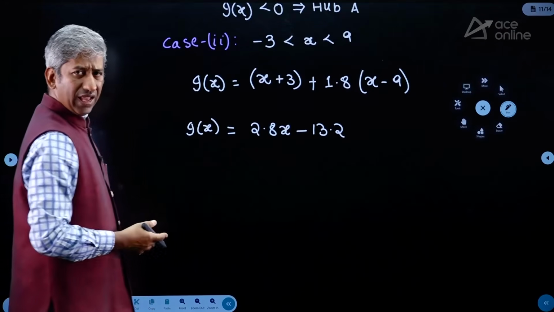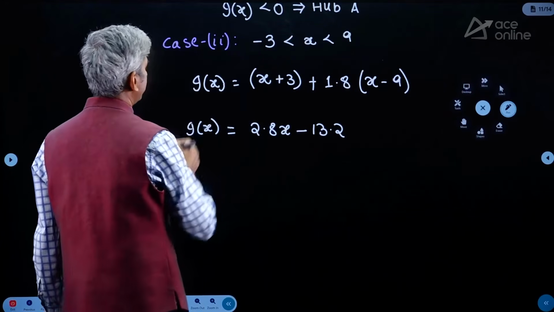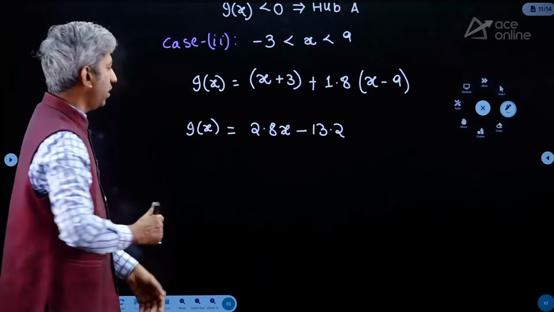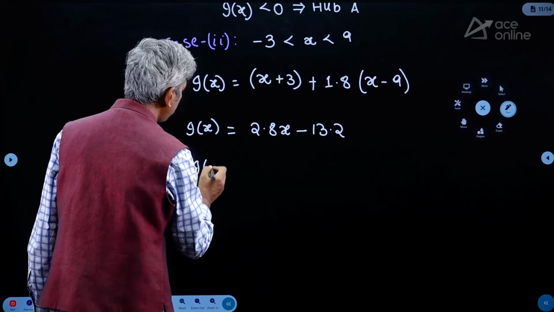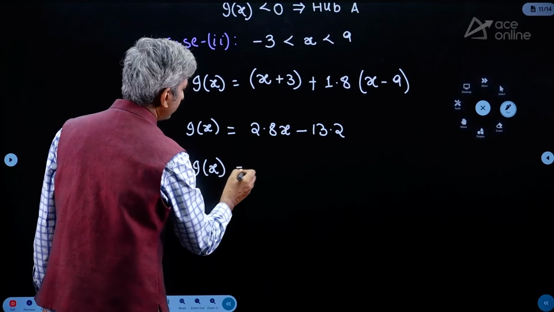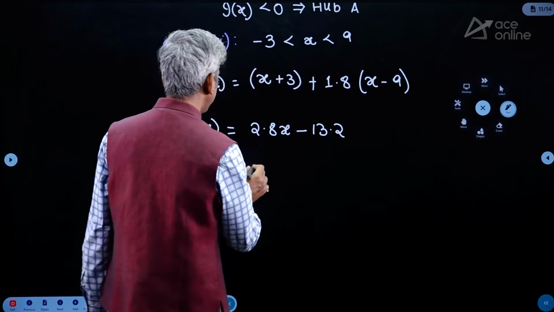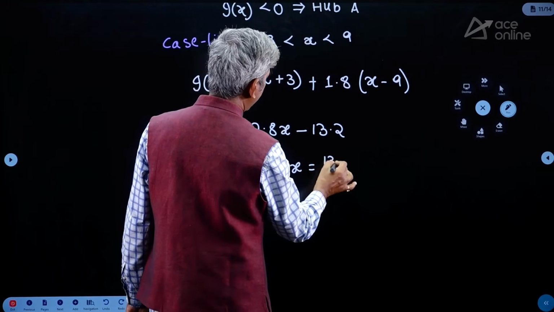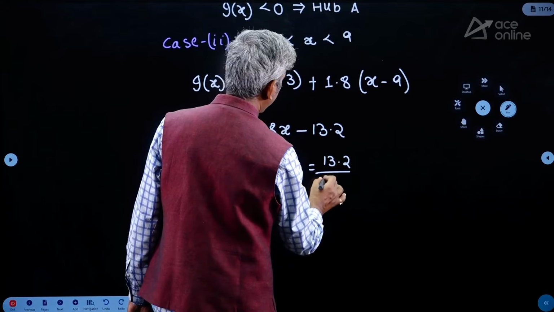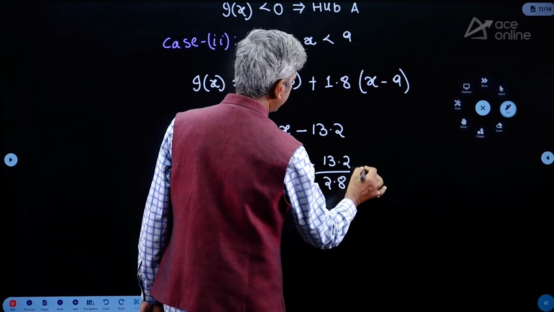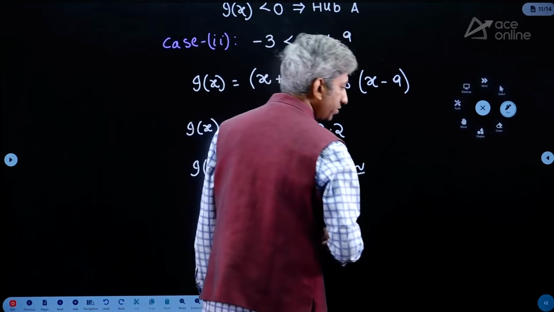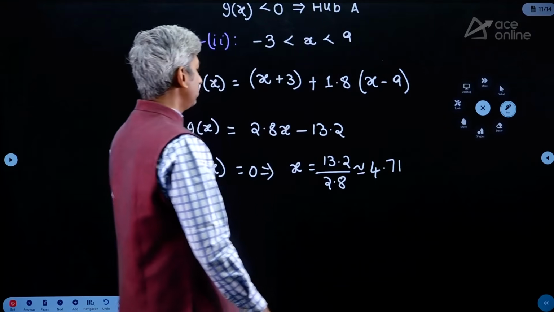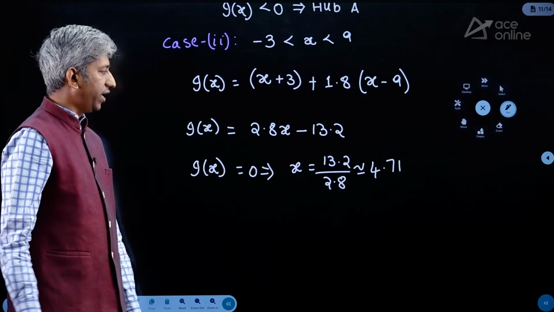Now, in order to obtain the threshold associated with this case, and the threshold may exist or may not exist, just like your previous case, set g of x equal to 0. That implies the corresponding x would be 13.2 divided by 2.8, which is approximately 4.71.